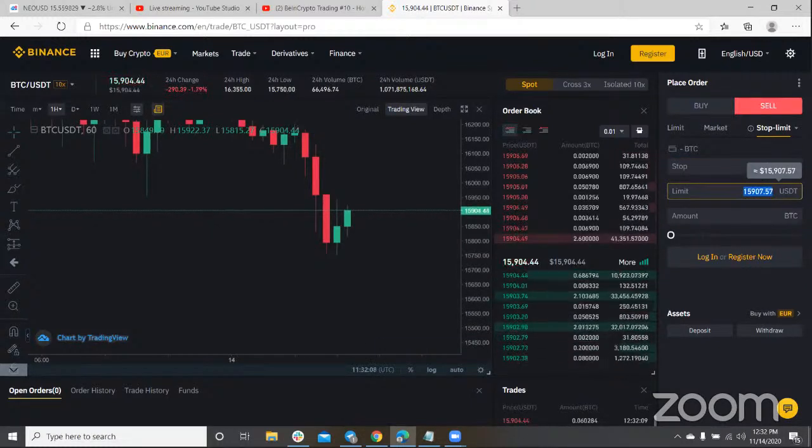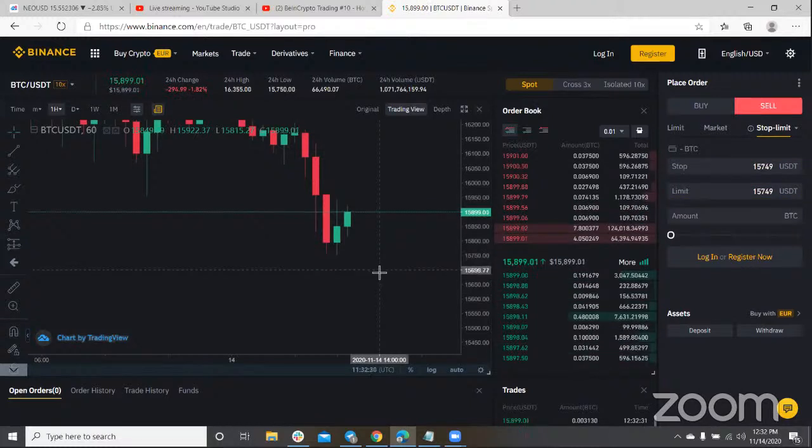So basically, if both the stop and the limit are the same, then as soon as the price reaches the stop, which is 15,749, an order to sell at 15,749 will be placed.